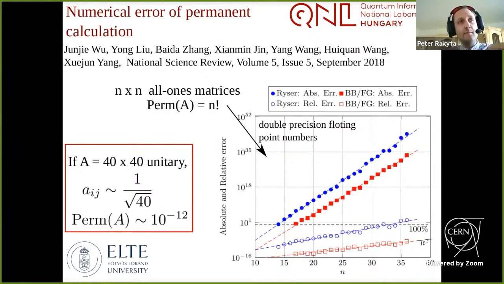But there are many other matrix functions that, on the other hand, would need such precision. For example, to calculate the Torontonian, it has been shown that 128 bit is not enough. You need 256 bit to represent the matrix and obtain a result that can be trusted.